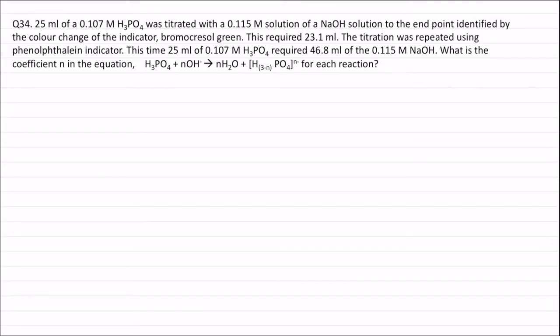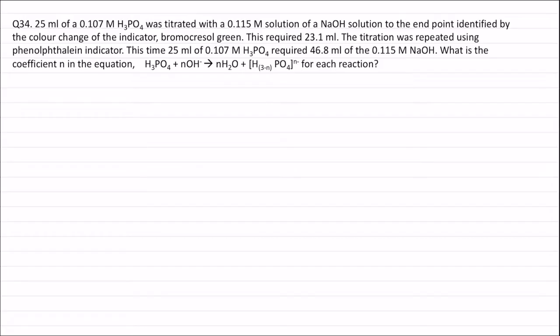This time 25 milliliters of 0.107 M H3PO4 required 46.8 milliliters of the 0.115 M NaOH. What is the coefficient n in the equation H3PO4 plus nOH minus forming nH2O plus H(3-n)PO4 to the power n minus for each reaction?